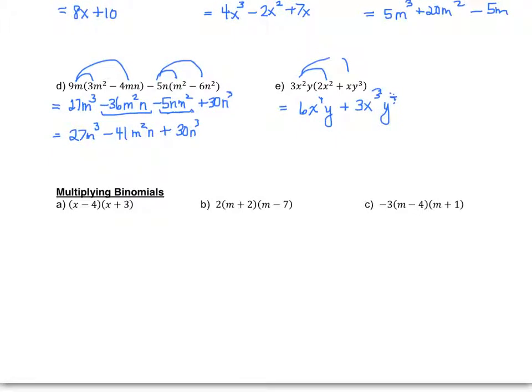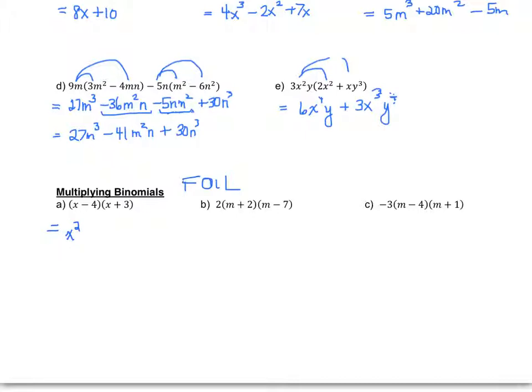Moving on to multiplying binomials. Remember, this is where we use the acronym FOIL, which stands for firsts, outsides, insides, lasts. So in the first example, you're going to multiply the first term in each bracket. So x times x squared.